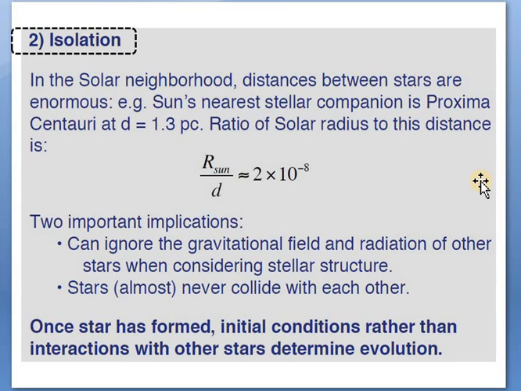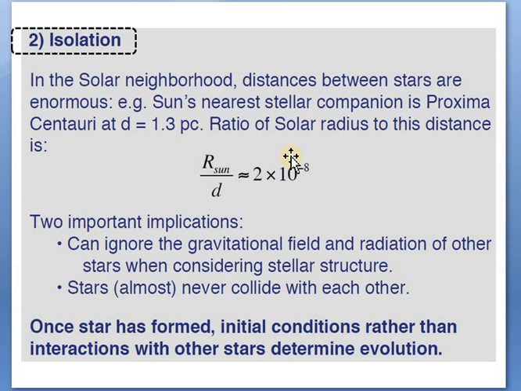If you take the ratio of the solar radius to this distance, it comes out to be of the order of 10 to the power minus 8. So this means our Sun, after formation, is almost in isolation.